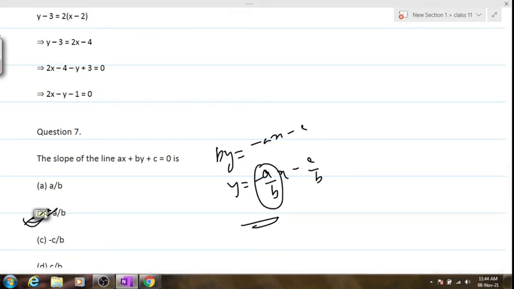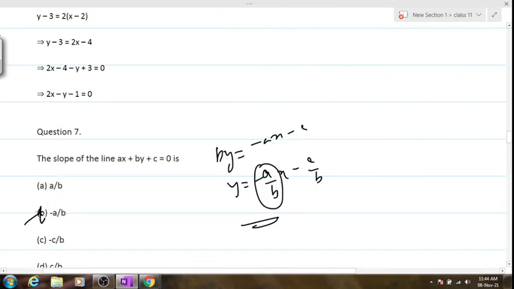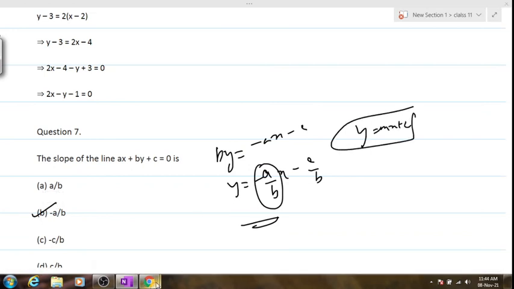Did people get it? Any doubts on how to obtain this? You just compare it with y is equals to mx plus c, and in no time you will have the answer. Is it clear? Yes sir, no sir. Chalo then.